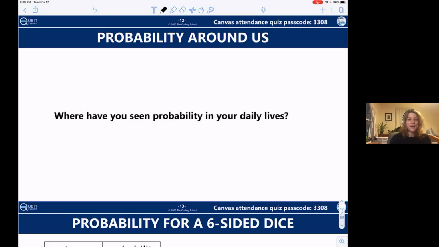Yeah, that's a very common one now. Coins, yeah, flipping a coin in Qubit Cruise. Lottery, yeah, the lottery is a probabilistic system. Thank you, Jason. The weather forecast, that's really interesting. Yeah, so if you have a 50% chance of rain.